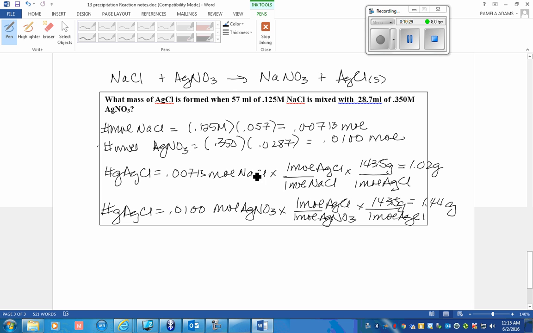The reaction stops when the limiting reactant runs out, so we can make 1.02 grams of silver chloride in this reaction.